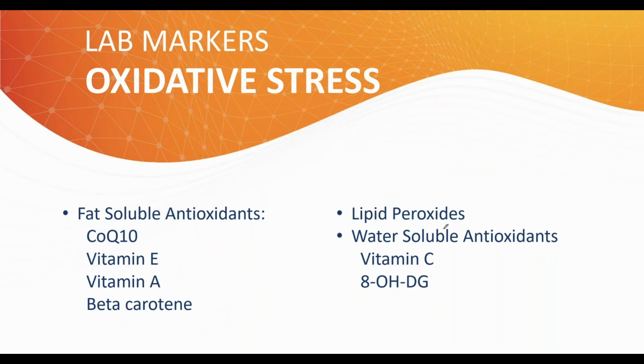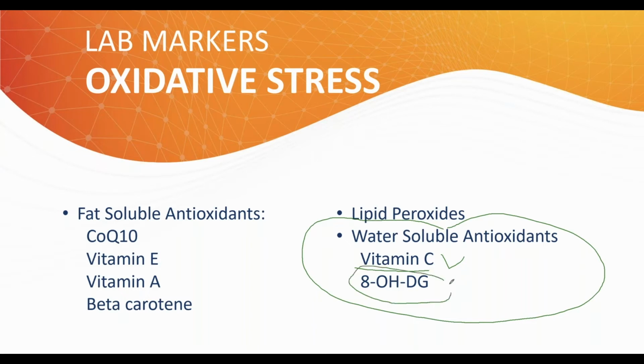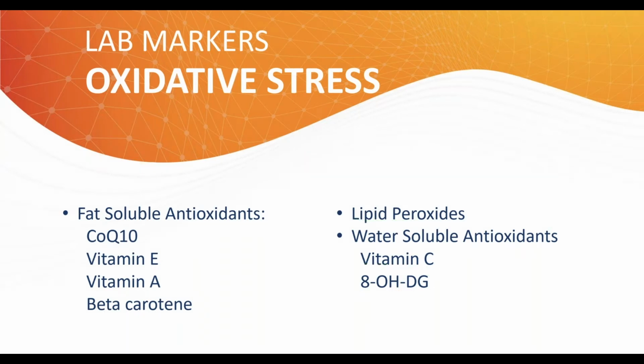Okay, then on a slightly different, but obviously related page, we have water-soluble antioxidants, and those are tracked with a couple of markers on these labs. There's one marker that's a very direct measure of the activity of vitamin C, and then there's another one that's extremely famous called 8-OHdG. 8-OHdG, or 8-hydroxydeoxyguanosine, is a marker for oxidative stress, in particular water-soluble.